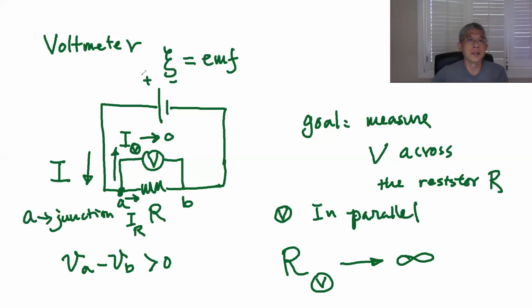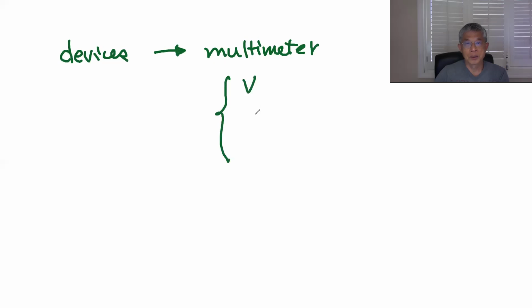Again, in summary, today we talk about 2 devices. Sometimes we can go out and buy a multimeter. A multimeter can measure V, can measure current, can measure R, resistance, and can measure conductivity, so whether something is broken or not in the circuit.